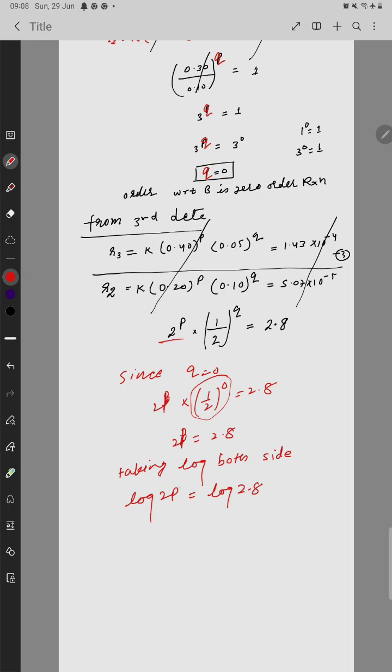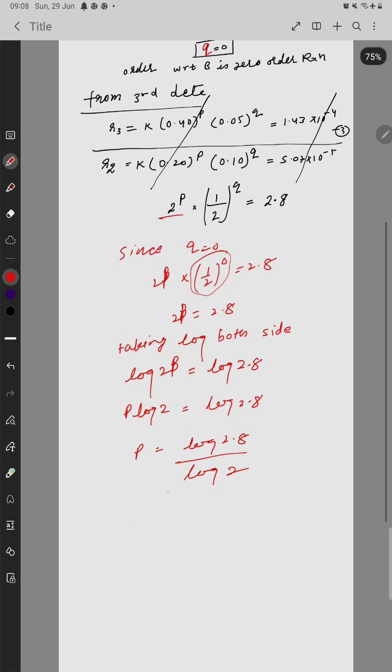So it will be P log 2 is equal to log 2.8. So P is equal to log 2.8 upon log 2. Log 2.8 value, dear student, is 0.45, and log 2 value is 0.3010. So P is equal to, if you divide this, it is coming 1.5.